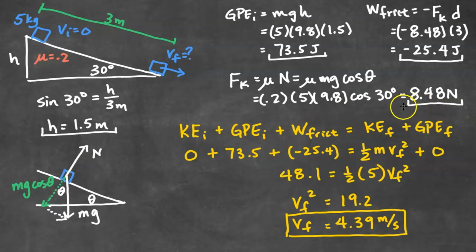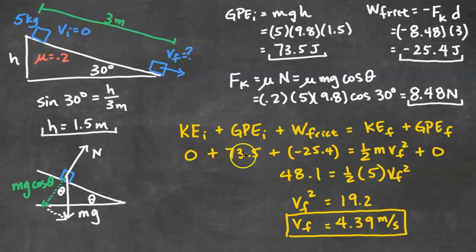Now we can use our conservation of energy equation. Initial kinetic energy plus the initial gravitational potential energy plus the work done by friction is equal to the final kinetic energy plus the final gravitational potential energy. We're going to substitute our numbers. The initial kinetic energy is 0.